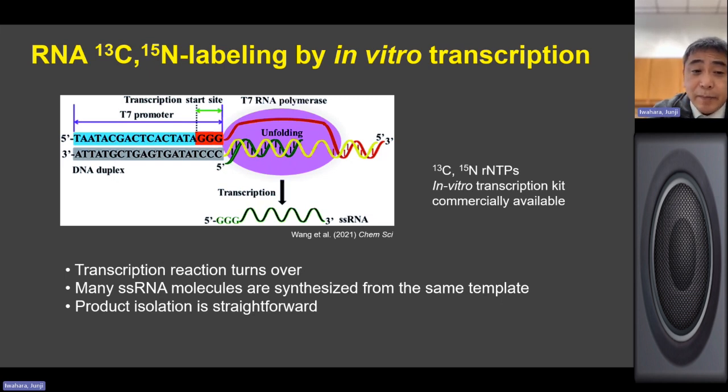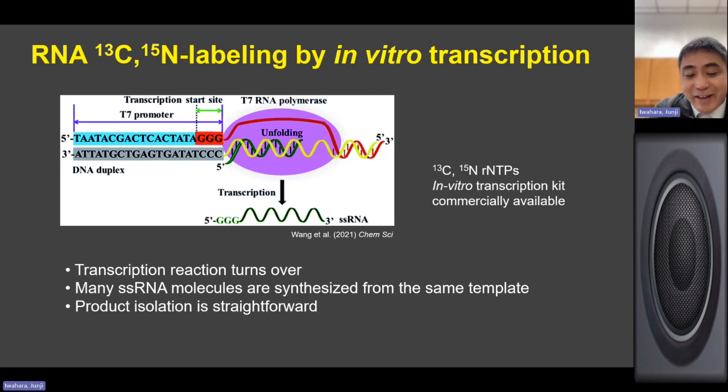The polymerase uses the same template again and again to produce many copies of RNA. And isolation of the product is also quite straightforward because the size of the template and RNAs are quite different. And also the RNA is not associated with DNA, so you don't have to really separate by denaturation.